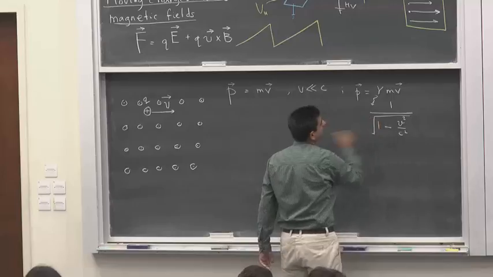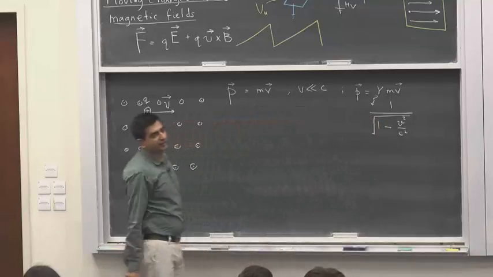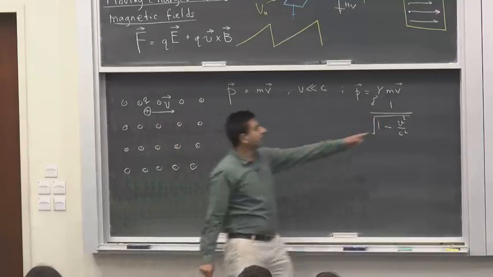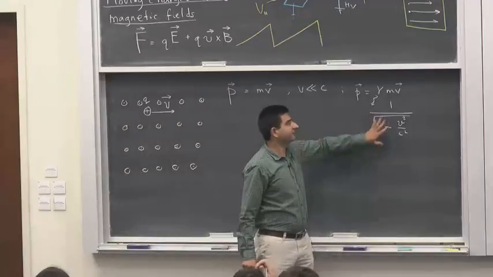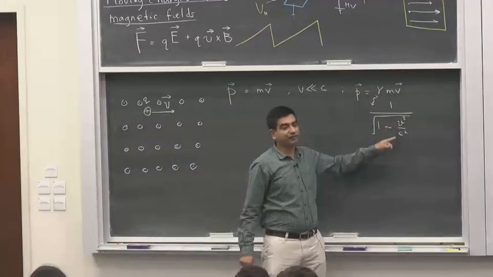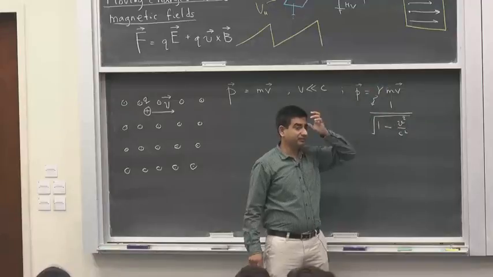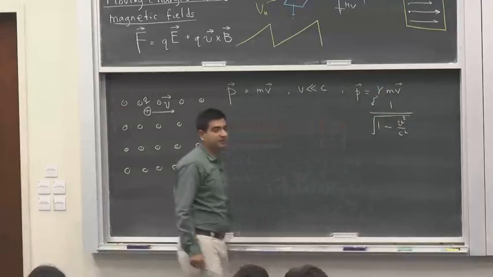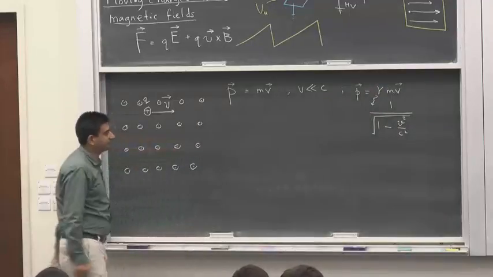This is a relativistic correction. Note that if v is really smaller than c, then this thing turns out to be equal to 1. However, if v approaches c, then gamma increases. Alright, so this comes out from special relativity. You've seen this in modern physics, I suppose.